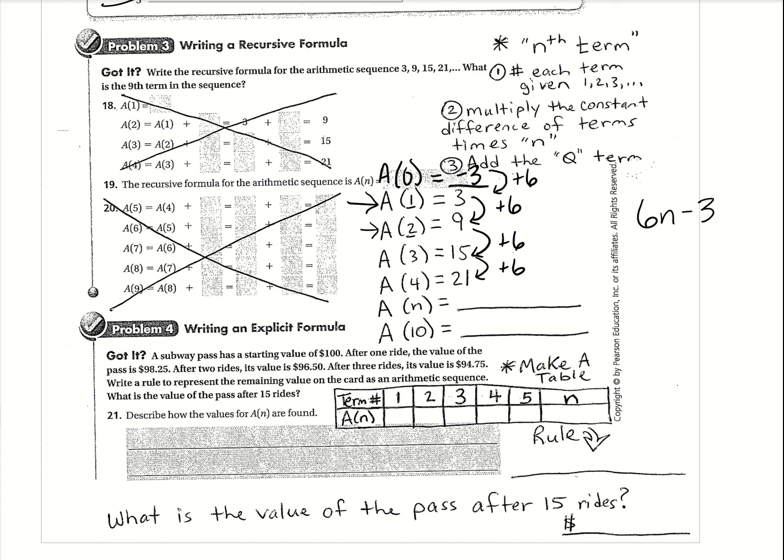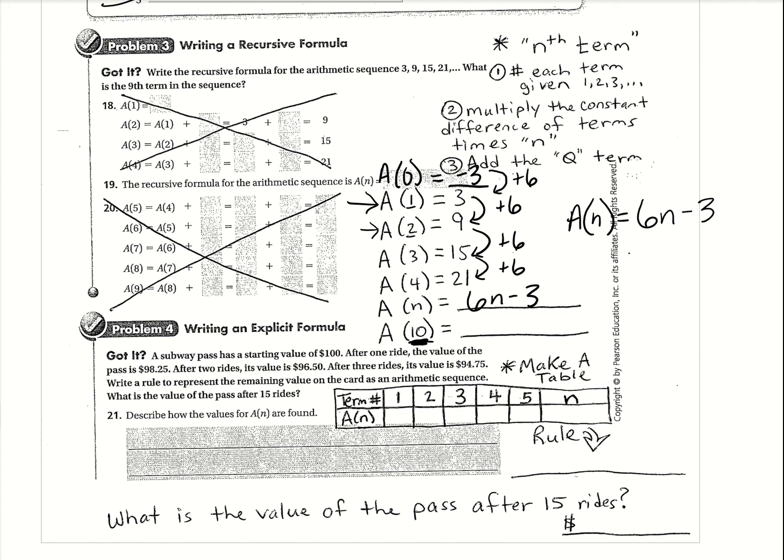You should end up with the equation a of n equals 6n minus 3. You'd put that right here. Then you can use that to find what a of 10 is.